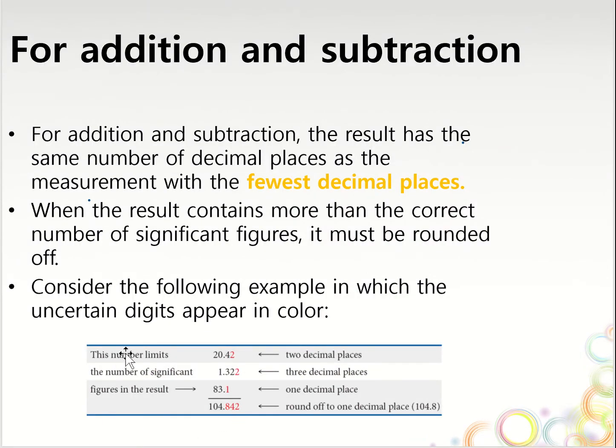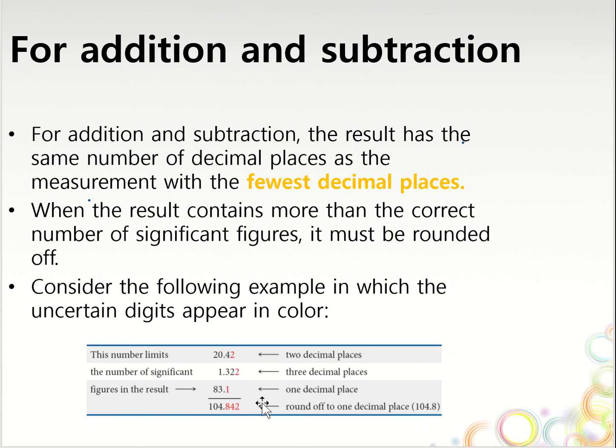However, this number limits the number of significant figures in the result. So let's read here again. For addition and subtraction, the result has the same number of decimal places as the measurement with the fewest decimal places. So here we're adding three numbers, and this is the number with the fewest decimal places, 1, as compared to 2 and 3.